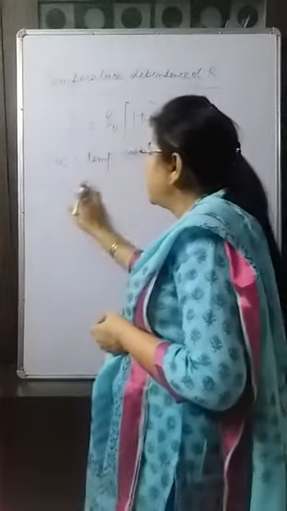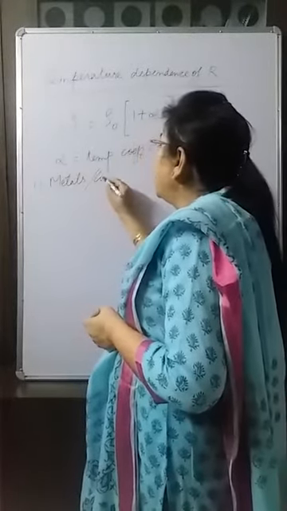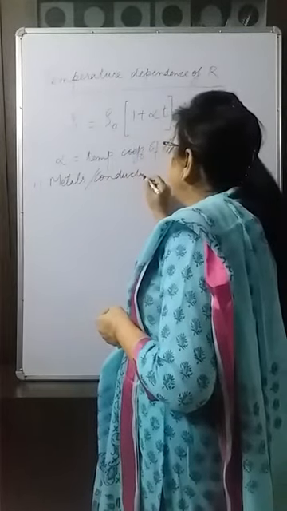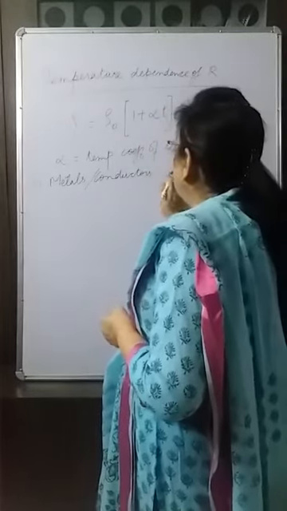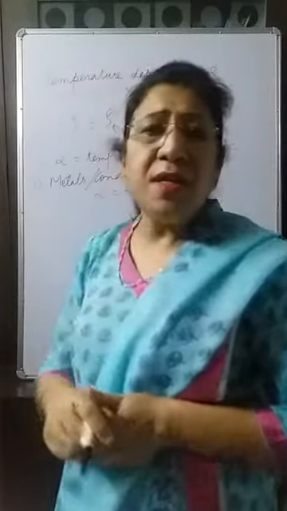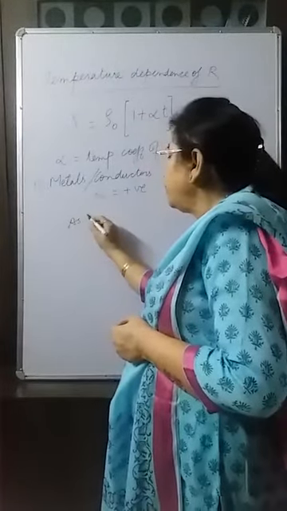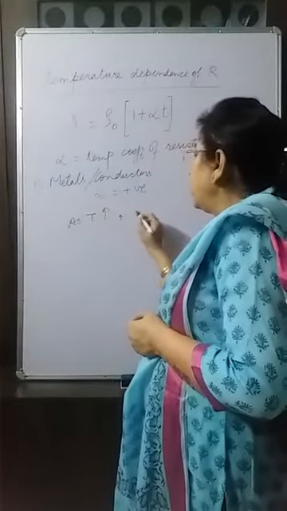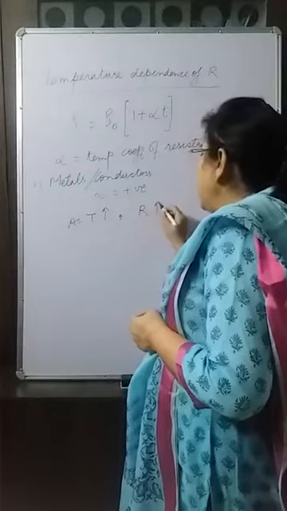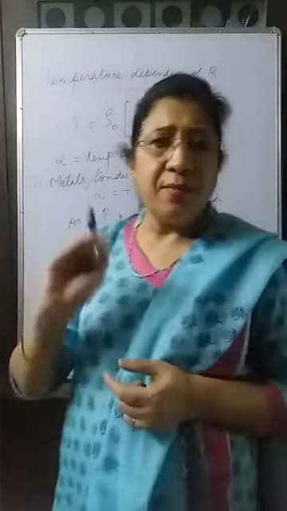Now this temperature coefficient for metals or for conductors has a positive value. This means that when the temperature increases, resistance increases, or we can say resistivity increases with the increase in temperature.